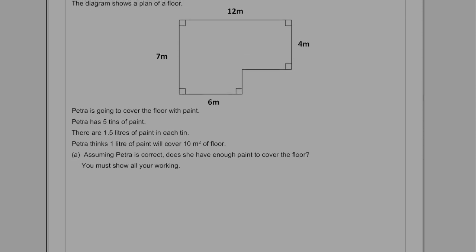Right, so we're going to split this shape into 2 rectangles. If I call them A1 and A2, the area of A1 is going to be equal to 6 times 7, which gives us 42. And the area of shape 2 is, well, if this length here is 12, and we've already covered 6 here, this length here must be 6.